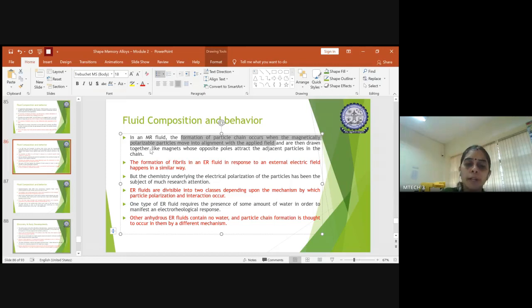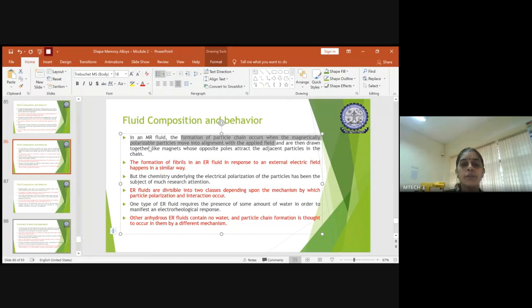So here also polarization comes into the picture, but it is not electrical polarization, it is magnetic polarization. This also has a hysteresis loop with respect to polarity, but there will be no remnant polarization to retain the polarization in it. But it exhibits the polarization, it attracts the particles, and they arrange to form a structure with proper gap.